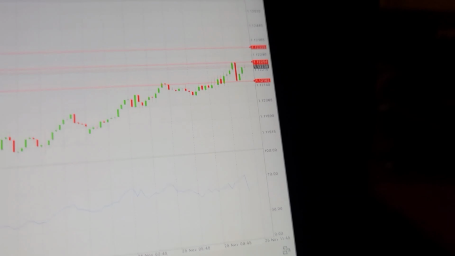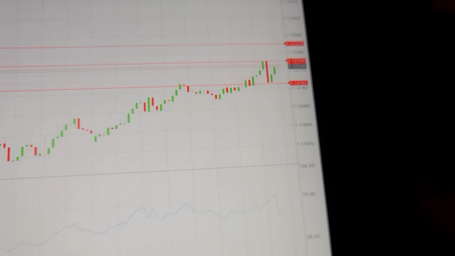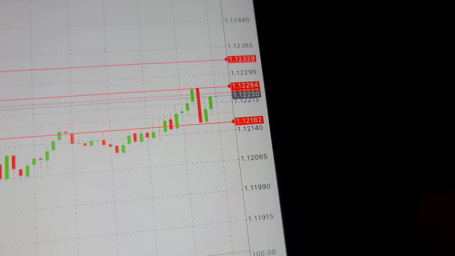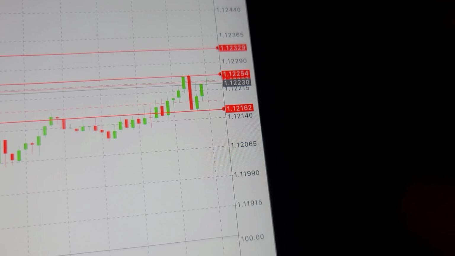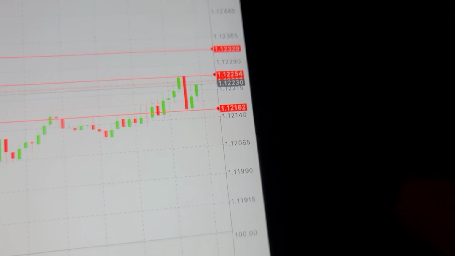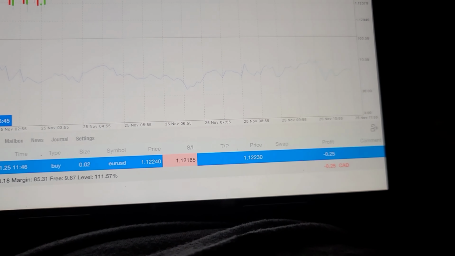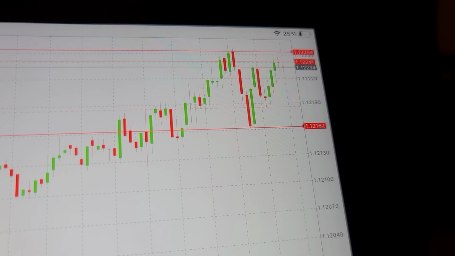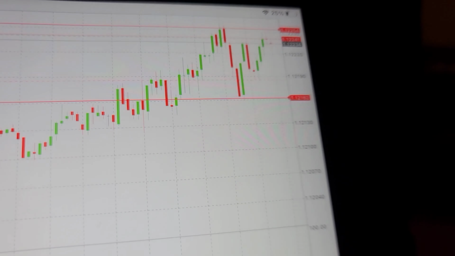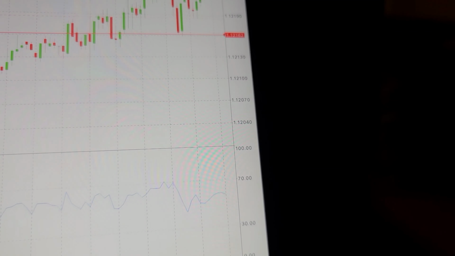I'd say 90%, 85% of the time, though, my prediction is right, but not tonight, it seems. Anyways, I'll pick it up once I decide what I'm going to do. If it goes back in profit, I am taking it and running.